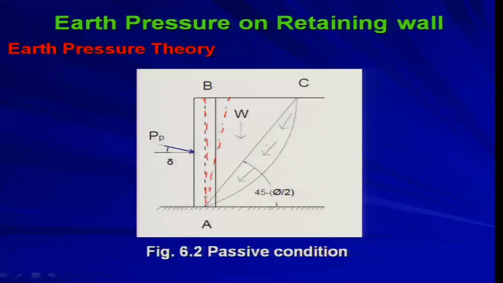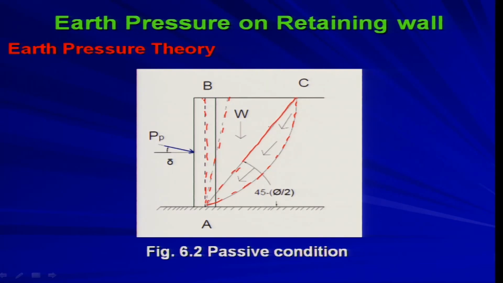When you push that and reach the failure condition, your shear resistance will be developed along this. This is the actual failure surface which generally develops, but it can be idealized with a linear failure surface.